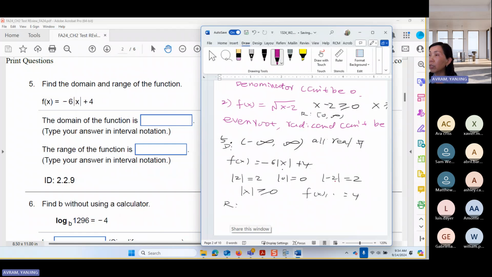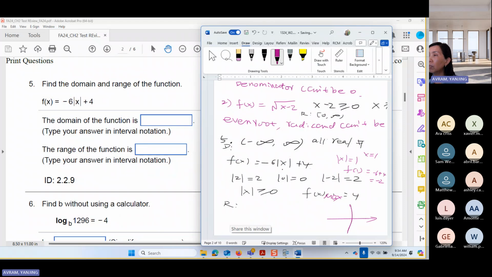Because this is facing down. When x equals 1, f of 1 will be negative 6 times 1, which is negative 6, plus 4. This will be negative 2. Okay, so anything you plug in that is non-zero, this whole thing is going to be less.